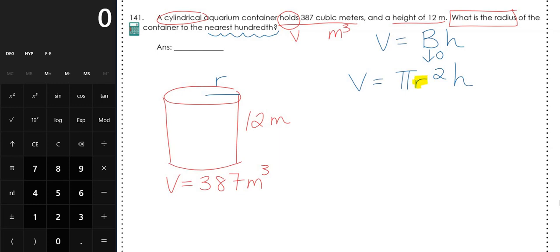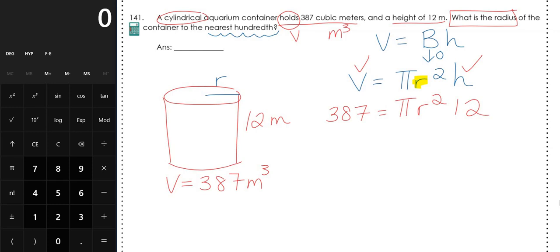And now we want to solve for the radius. So we want to check to make sure we have all the other variables. We do have the volume. It's 387. We don't need to find pi because that's just a number. And we do have the height. It's 12. Okay, so let's plug everything in. Let's work backwards. Let's solve for r. So here we go. We have 387 for the volume equals pi r squared, and then our height is 12.